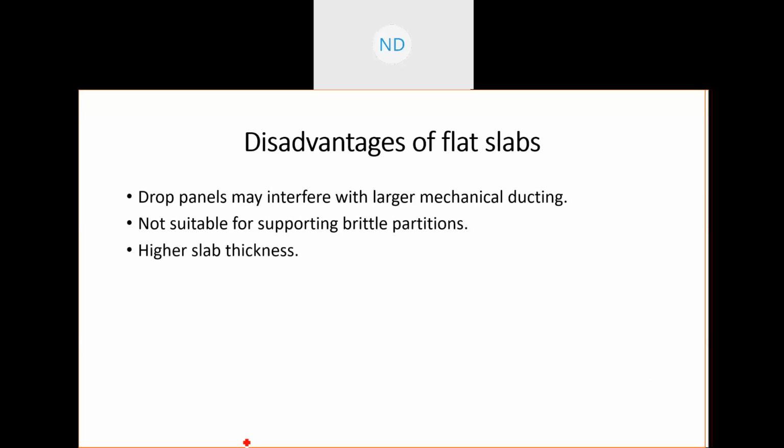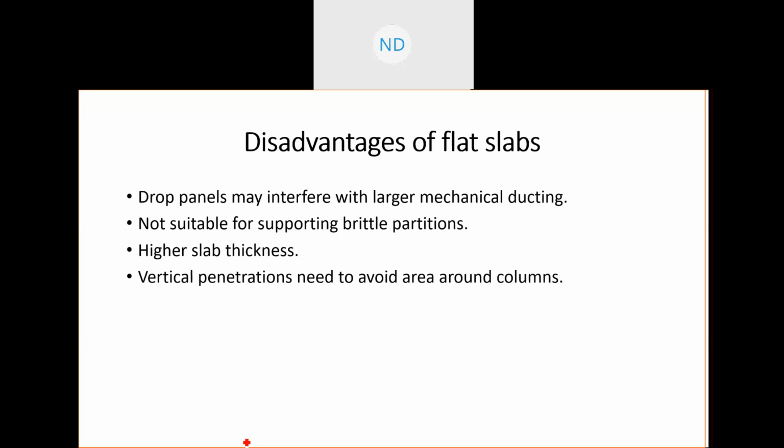When we remove the beams and we give a column head or drop panels, and the load is very much higher, in that case the live loads are very much higher, sometimes we need to increase the slab thickness, so that is also one of the important disadvantages.